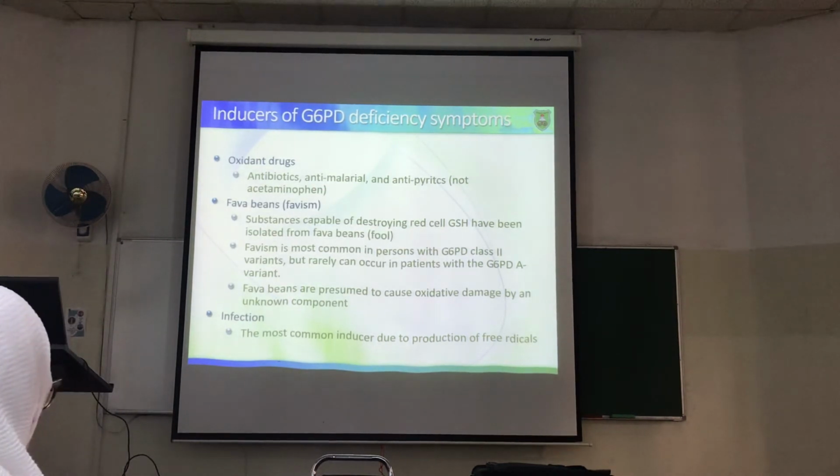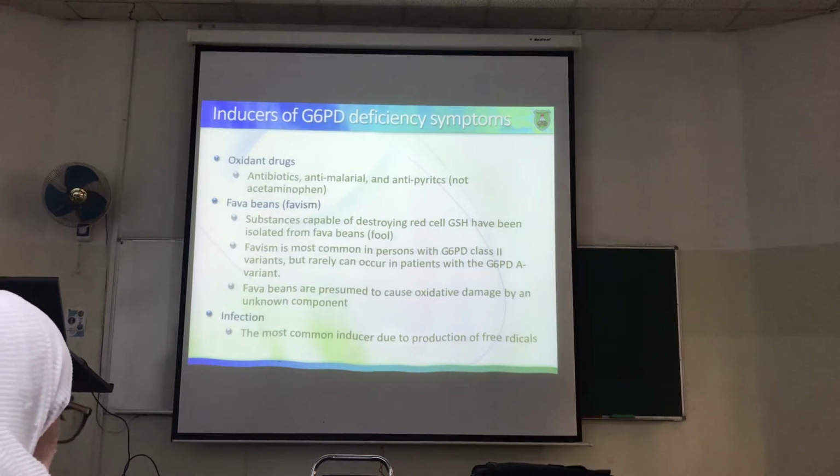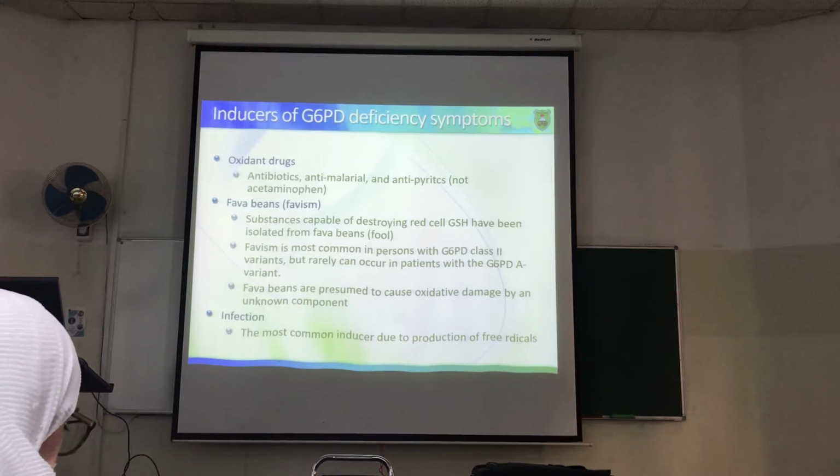These cause oxidation, and as there is no NADPH, the red blood cells would be affected, with hemolytic anemia and so on. Fava beans, in Arabic they call it ful. If a person eats fava beans, the condition gets worse. The reason is that you have oxidizing agents and molecules in the fava beans, the food itself.